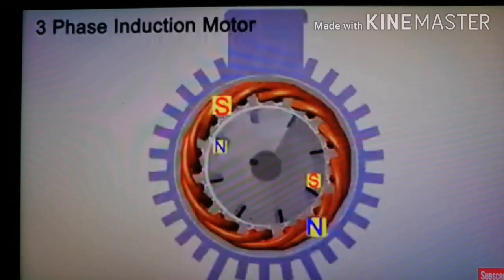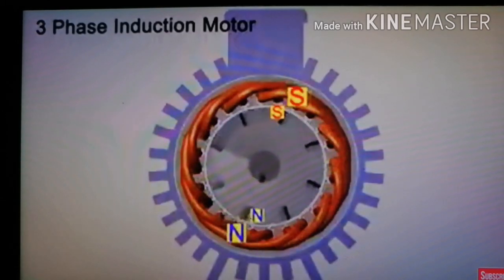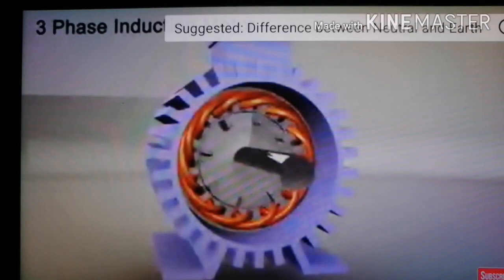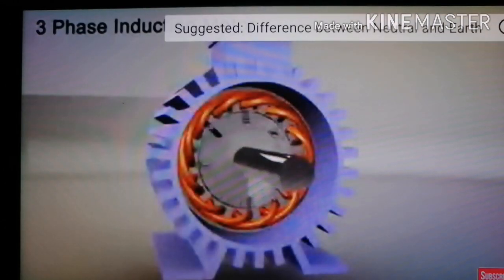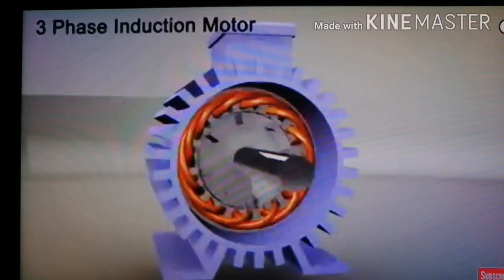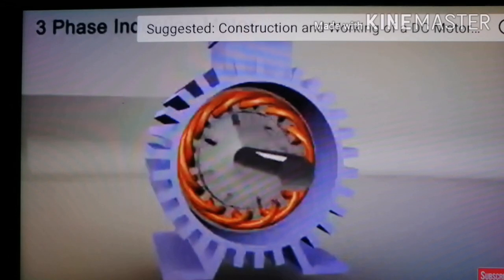Therefore, the rotor always rotates at less speed than the speed of the rotating flux. This process continues as long as the supply is given to the stator winding. The speed of the rotating magnetic field is known as synchronous speed.